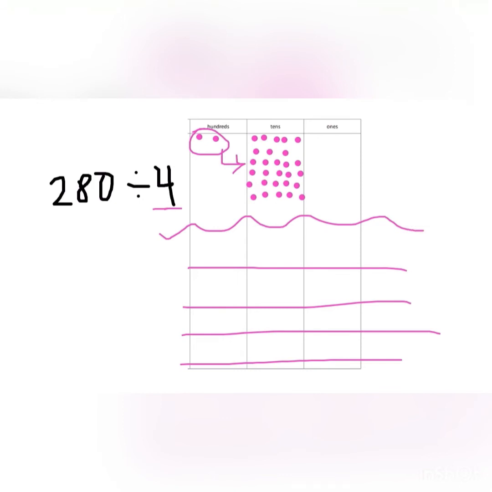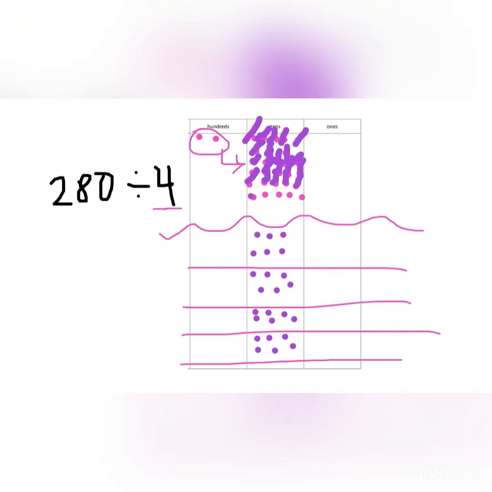And I'm just going to change colors here so it's easier to keep track of for me. 1, 2, 3, 4, 5, 6, 7, 8, and so on, up to 28.